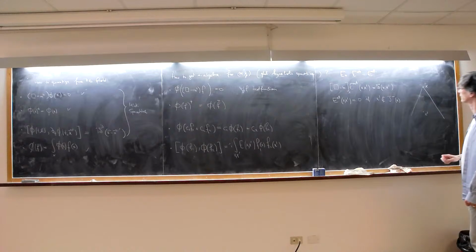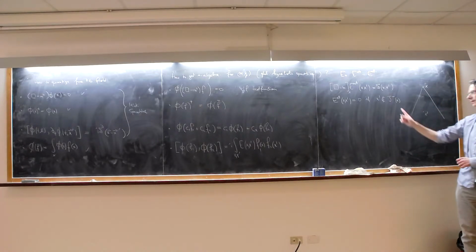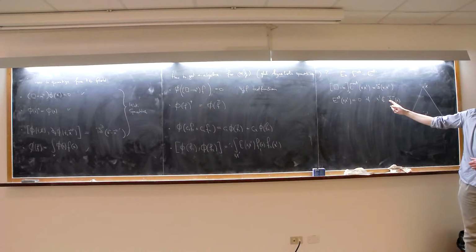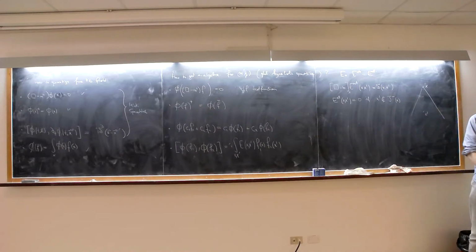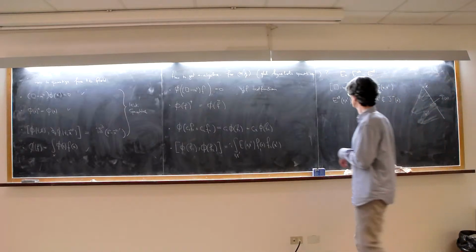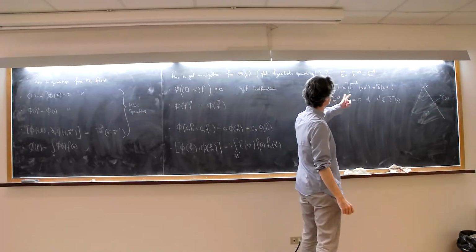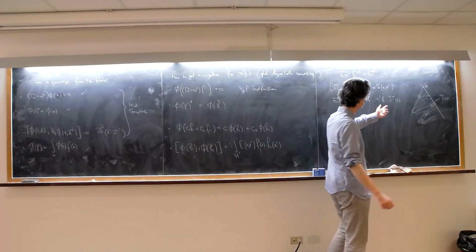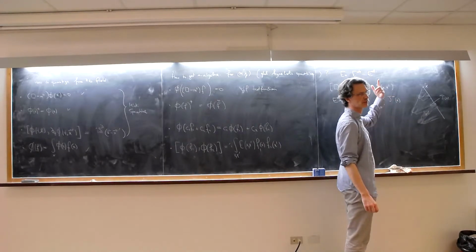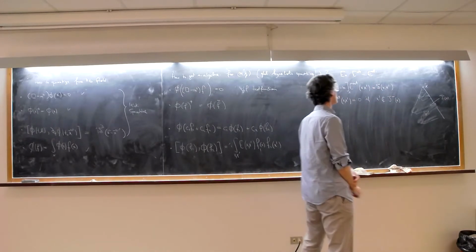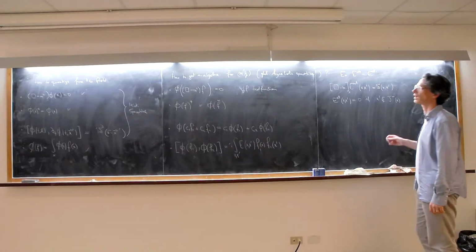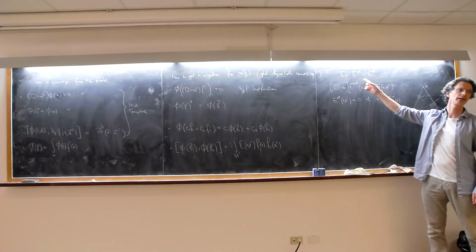So in other words, it's non-zero only if x prime is in the past shadow. This is a notation from general relativity. It means the causal past. Okay. So this is called the retarded Green's function. The advanced Green's function is defined by just changing the past to the future. E is sometimes called the causal propagator.